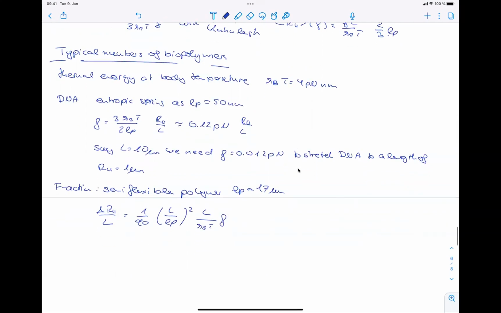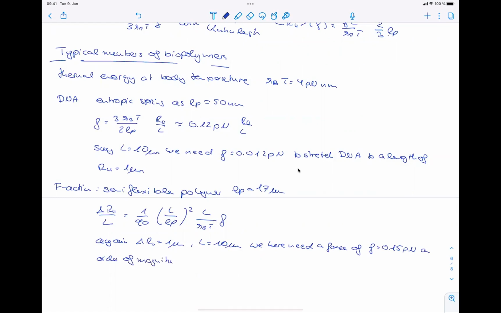So if we plug in the persistence length here, again, we want to have a change of 1 micron, and we consider a total length of 10 microns. We here need a force of 0.15 piconewton, orders of magnitude larger.